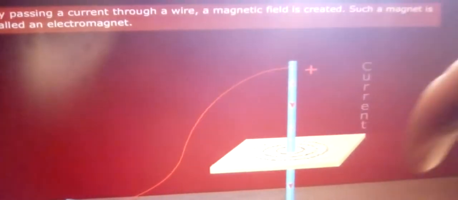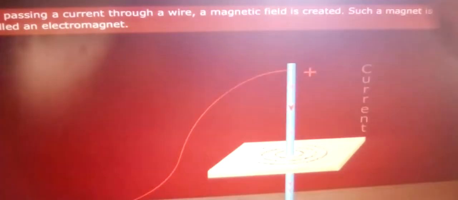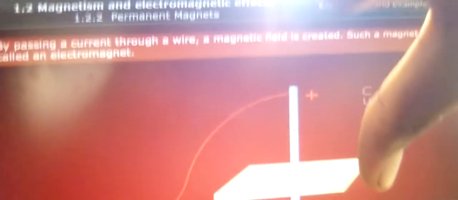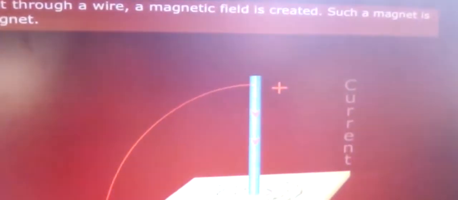Use the right hand grip rule, whereby our current is flowing downwards. The thumb points in the direction of current, then the fingers will turn in the direction of the field. That's why you see that the fields are in a clockwise direction and the current is moving down. You use your right hand to grip the conductor such that the thumb points down, then the fingers will turn in the direction of the field.